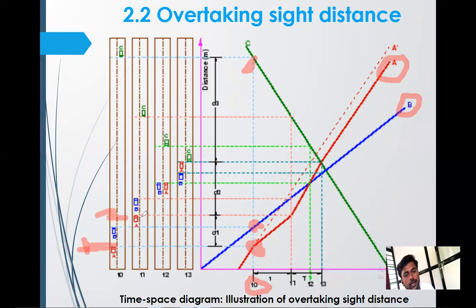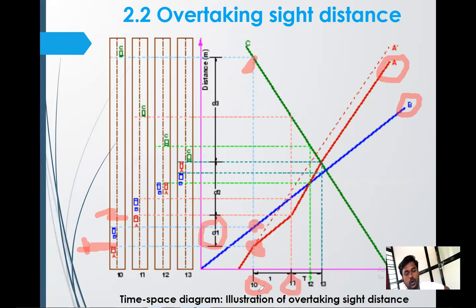The vehicle A in the red color, when it reaches position 2, it travels some distance d1 and the time is at t1.